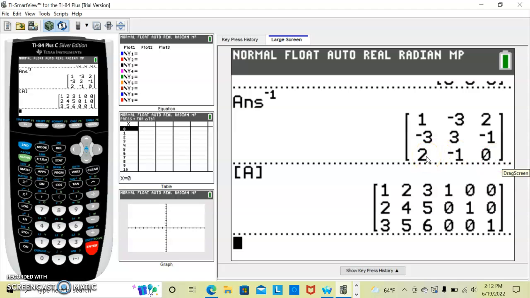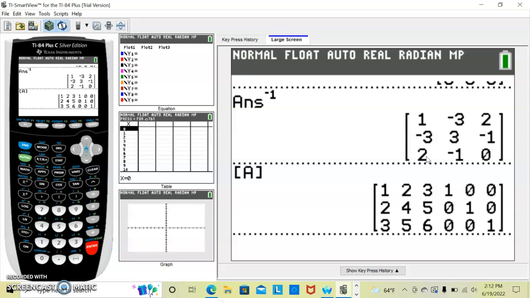So remember our row operations: we can swap any 2 rows, we can multiply any row by a non-zero number, or we could multiply a row by a non-zero constant and add it to another row.